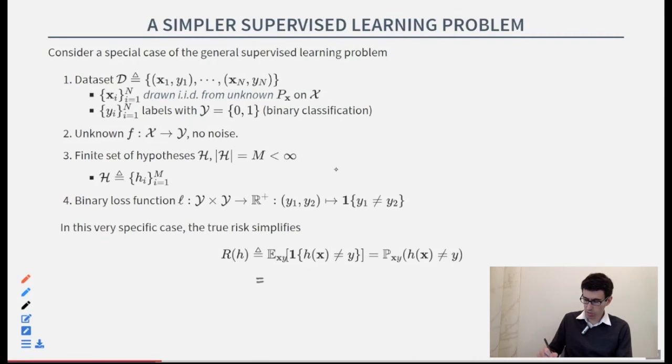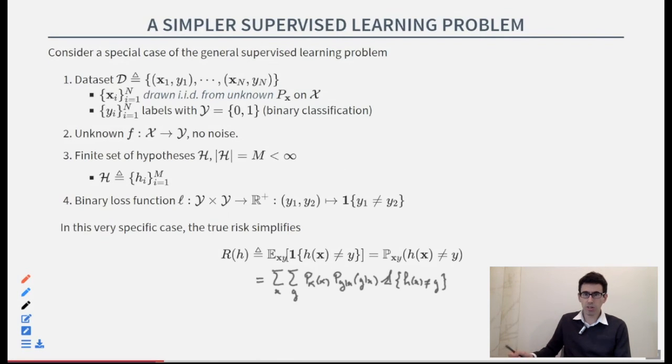If you look at the definition of the expectation, in principle, it's going to be the sum over X, the sum over Y, of the probability of X, the probability of Y given X, times the indicator function, which says h of X not equal to Y. And by definition of the indicator function, we know that this is 0 whenever h of X is equal to Y. So what you end up doing is merely summing over all the pairs X and Y such that h of X is not equal to Y. And what are you summing?